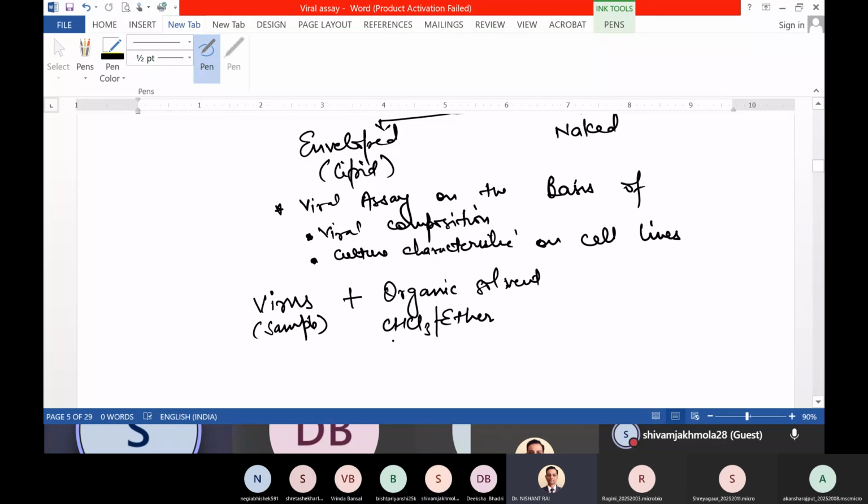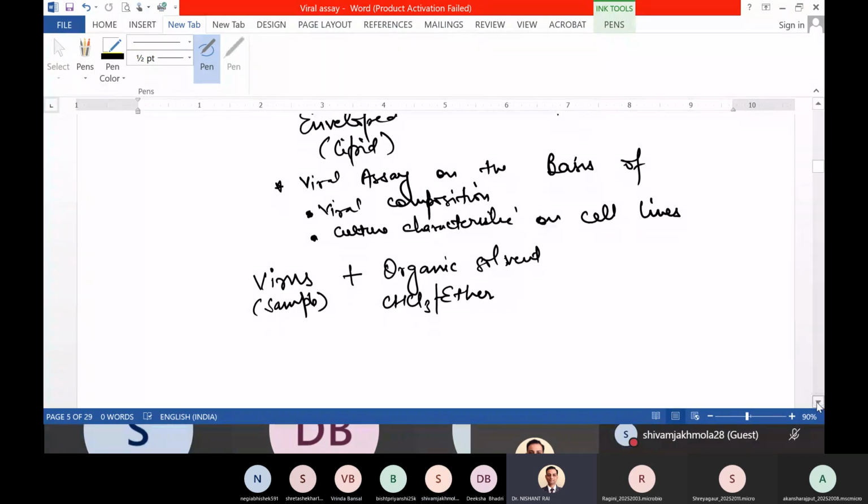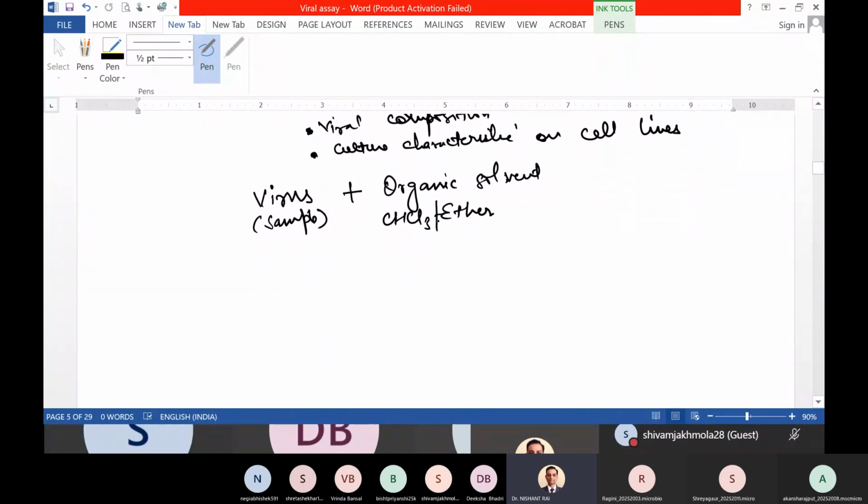Okay, fine. सो हमने क्या किया कि वायरस सैंपल को organic solvent, that is chloroform ether, के साथ मिक्स किया, and then I am infecting it into the cell culture. आपको कोई नई चीज नहीं बता रहा हूं, आपने अभी तक जितना पढ़ा है उसी को apply कर रहे हैं. Firstly I will mix the virus sample with the organic solvent, and then infect it into the cell culture. जो आपने cultivation पढ़ा था वही कर रहे हैं.